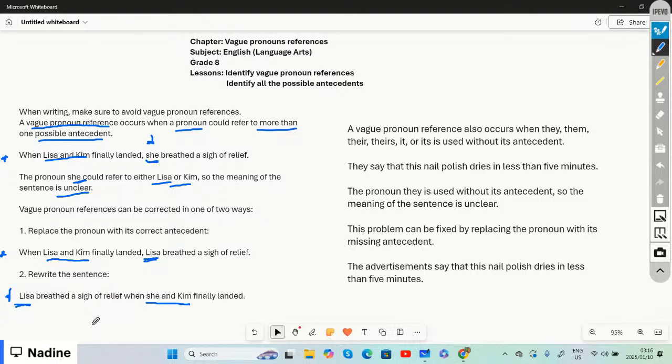All right. And when it comes also to vague pronoun references, it occurs when words like they, them, their, theirs, it, or its are used without an antecedent.